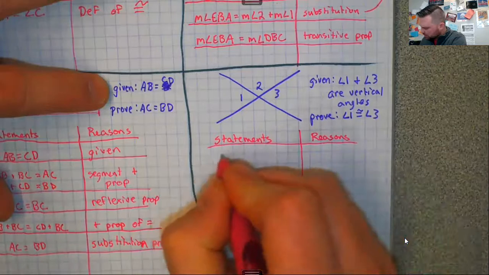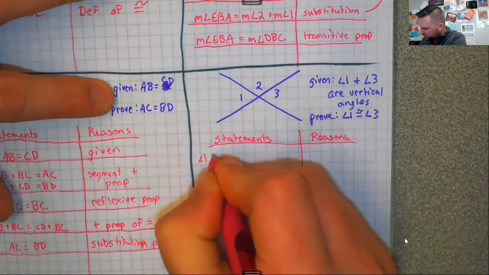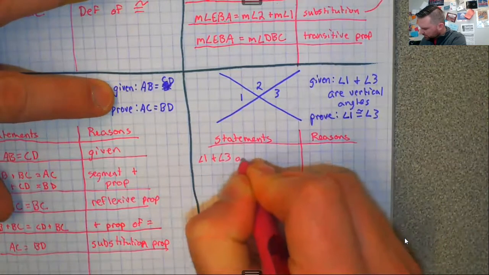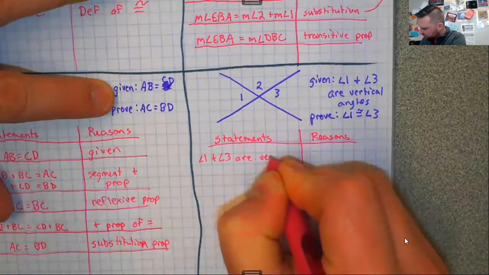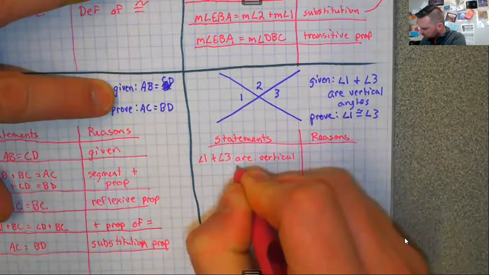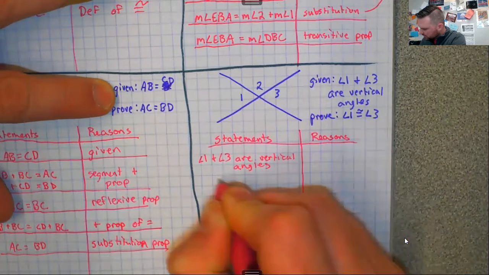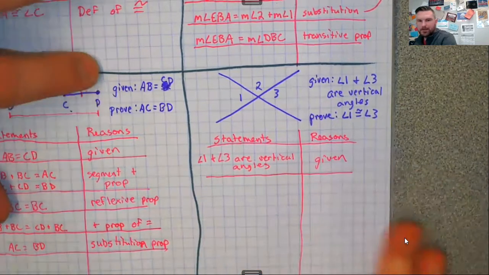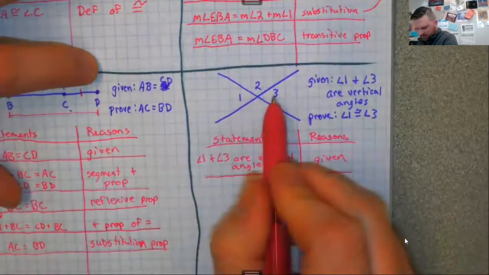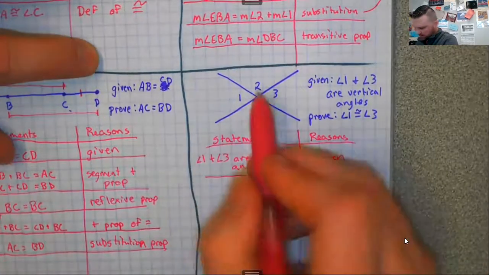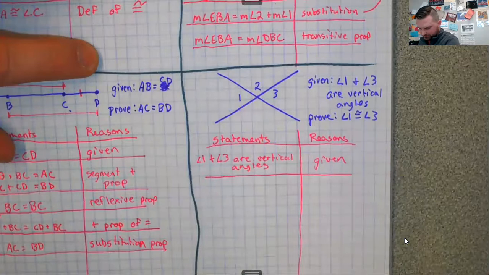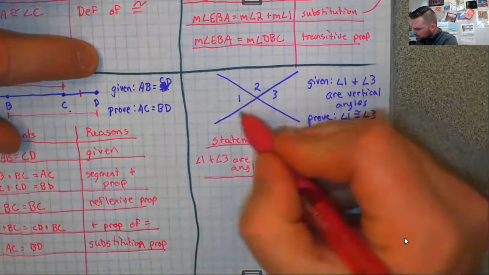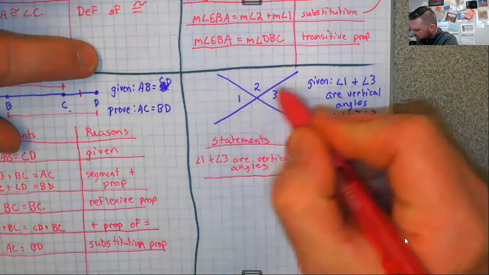So statement 1, angle 1 and angle 3 are vertical angles, and that is given. So 1 and 3 here are vertical angles. Now, we see here that 1 and 2 form this straight line.